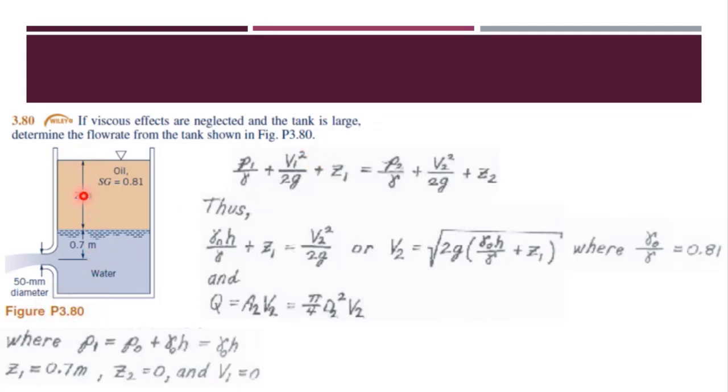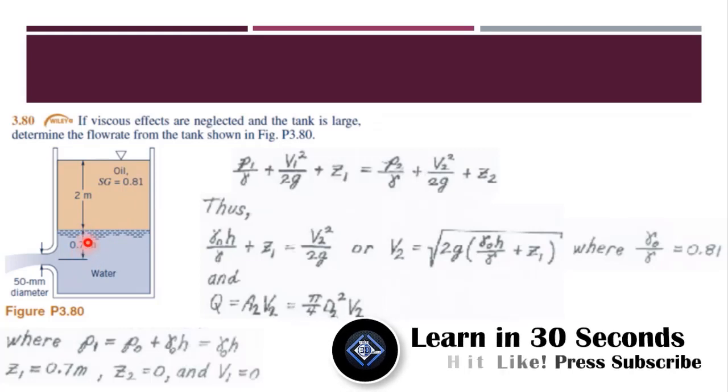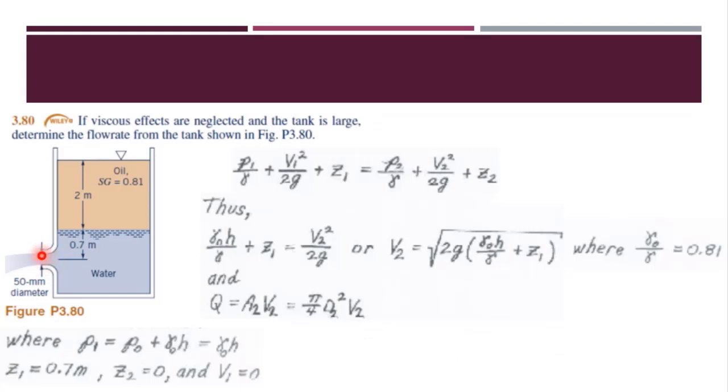We are being told that the upper 2 meters of fluid in this tank is an oil which has a specific gravity of 0.81, and then we have 0.7 meters of water, and at this height of 0.7 meters of water we have an outlet which is 50 millimeters in diameter, and we are being told that we can neglect the viscous effects and we have to find out the flow rate out of this tank.